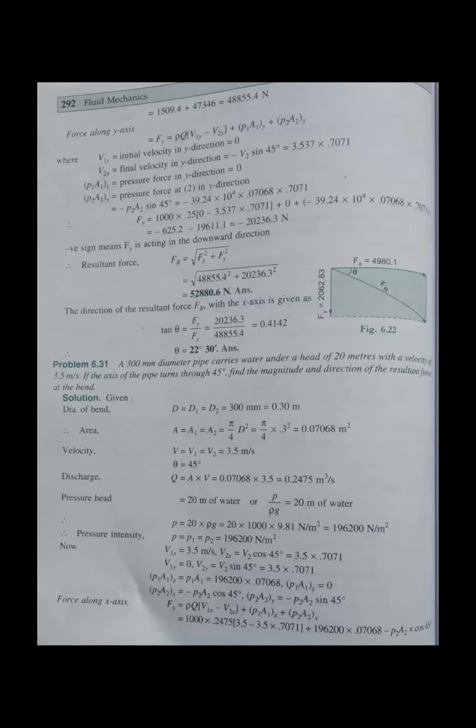Now, if I want the net force acting in the y direction, I want to equate it to the net momentum in the y direction. That means rho Q into v2, suppose you assume v2 resolved in the positive y direction, minus v1 resolved in the positive y direction.